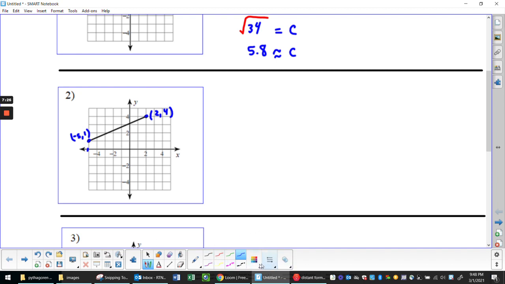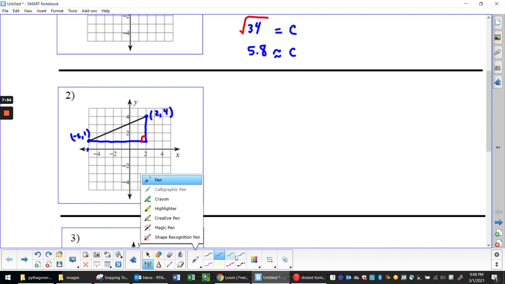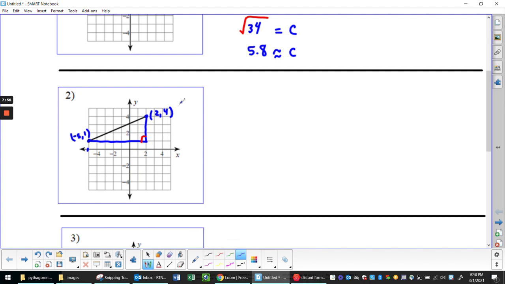Okay, so once again, what we're going to be doing is creating a right triangle. So I'm going to go ahead and draw this line here right underneath, and this line here, and that will create my right triangle. And of course I know that this is a right triangle because it has a 90-degree angle there, right?